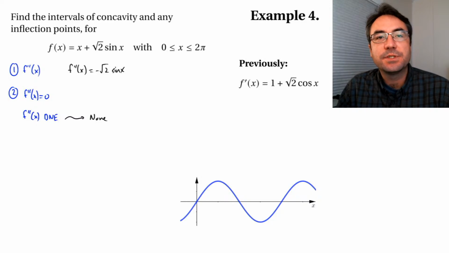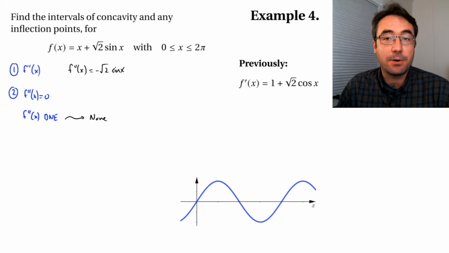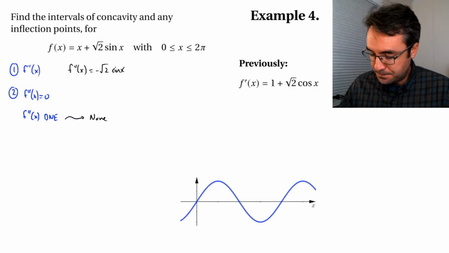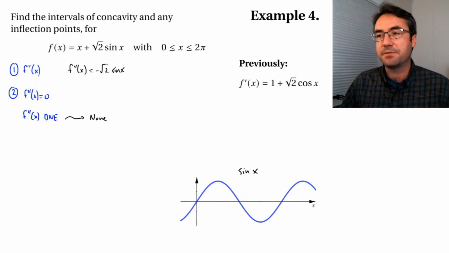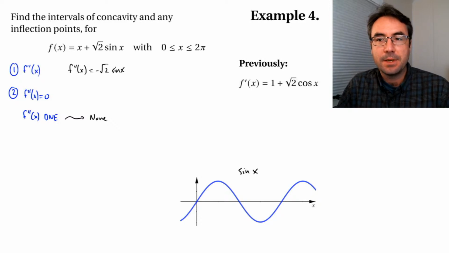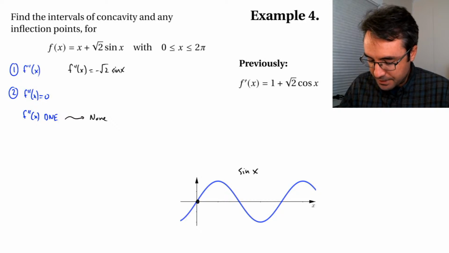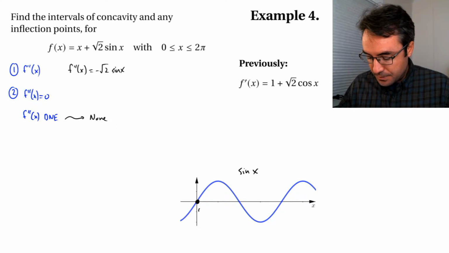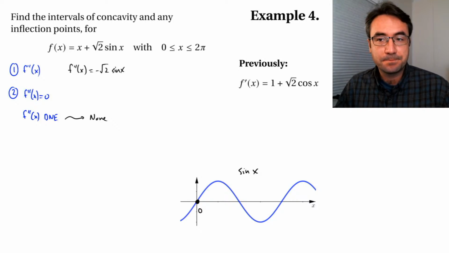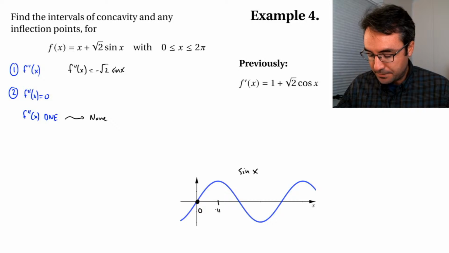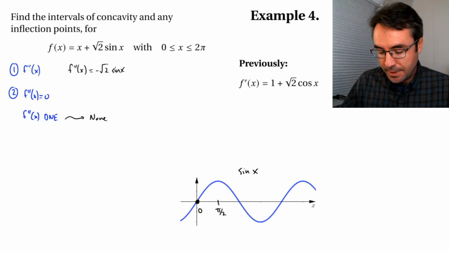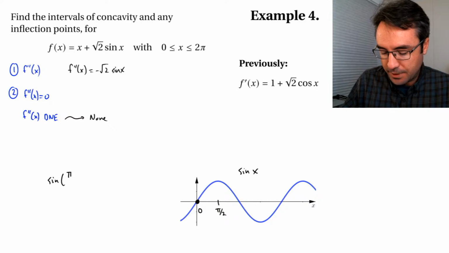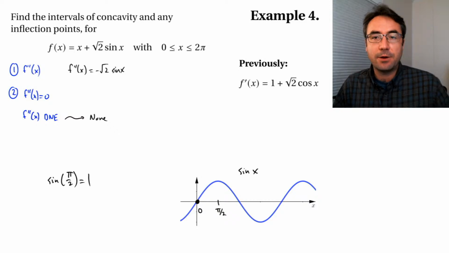So let's figure out where the second derivative is equal to 0. It's helpful to remember what the graph of sine x looks like. It's this periodic function, and there are a few interesting points to remember. It starts off at the origin. It hits its high point at pi over 2, and sine of pi over 2 is equal to 1.